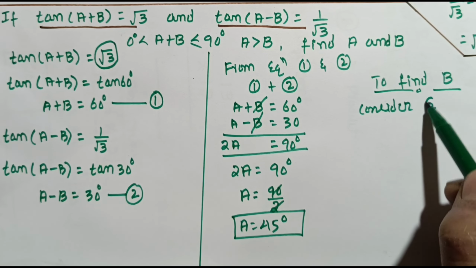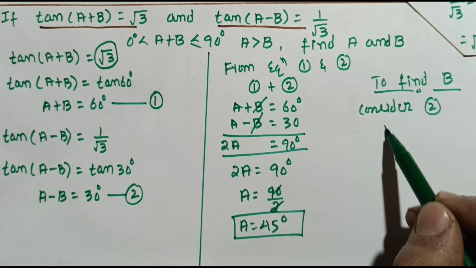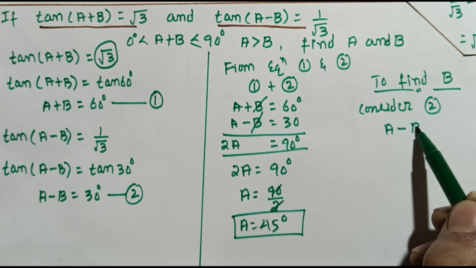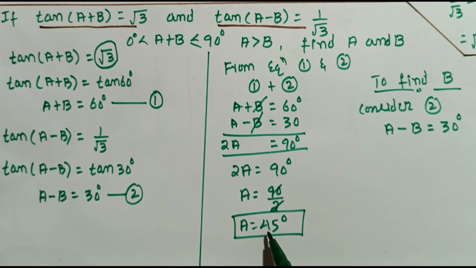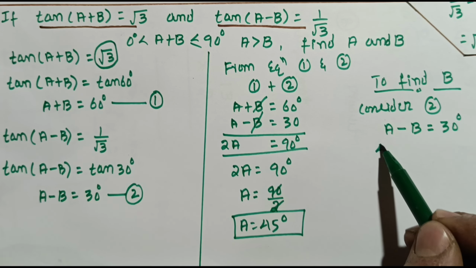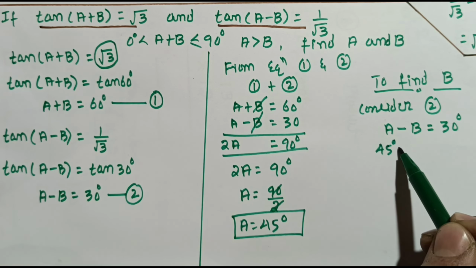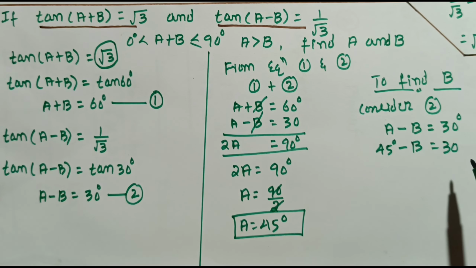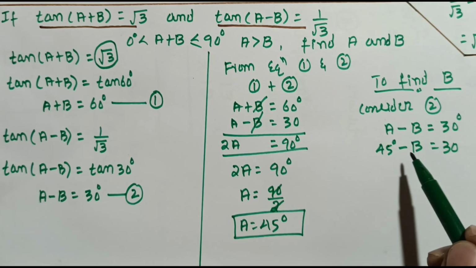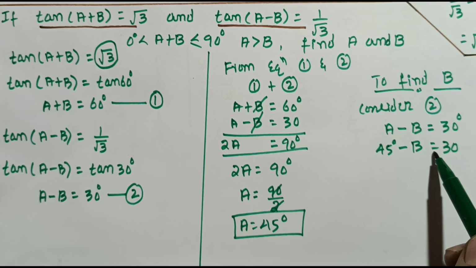What is equation 2? a - b equals 30 degree. What is the value of a? 45 degree. Substitute in place of a: 45 degree minus b equals 30 degree.